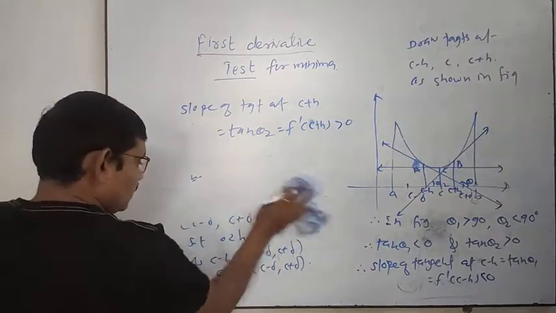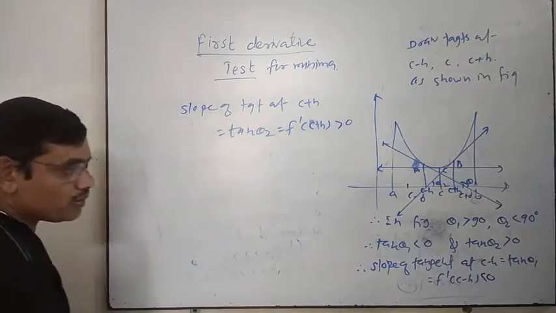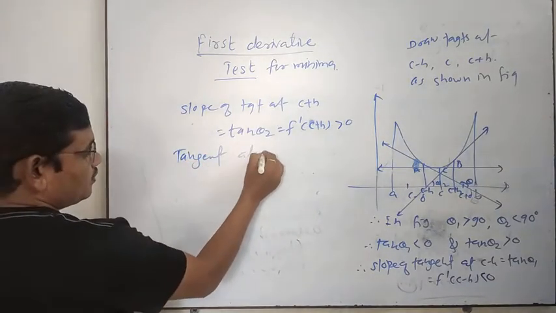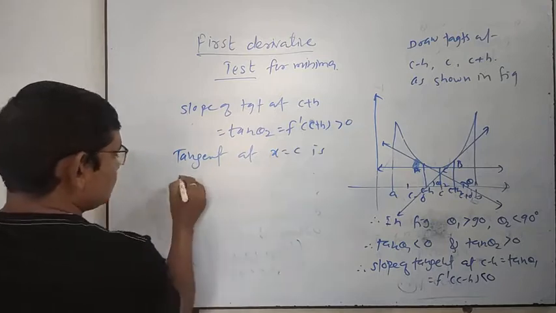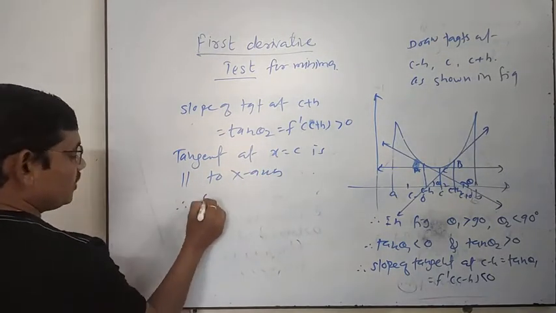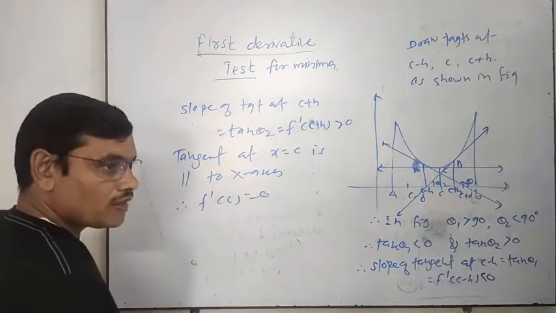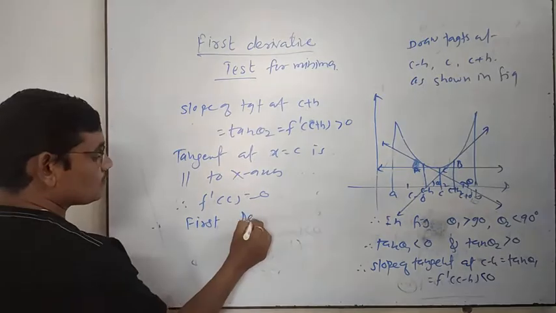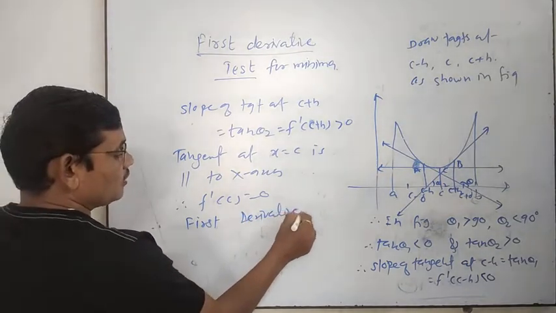The tangent at point C is parallel to the x-axis. Therefore f dash of C is equal to 0, and therefore here we get the first derivative test for minima.